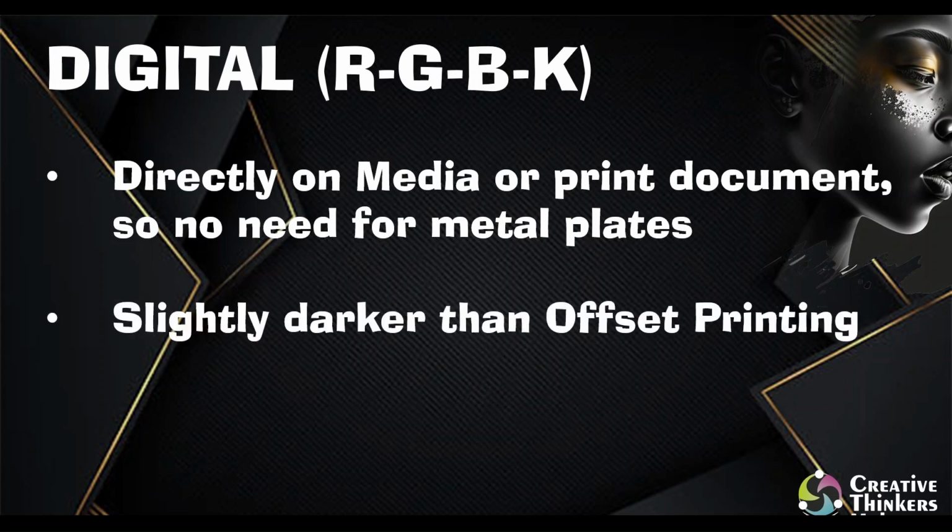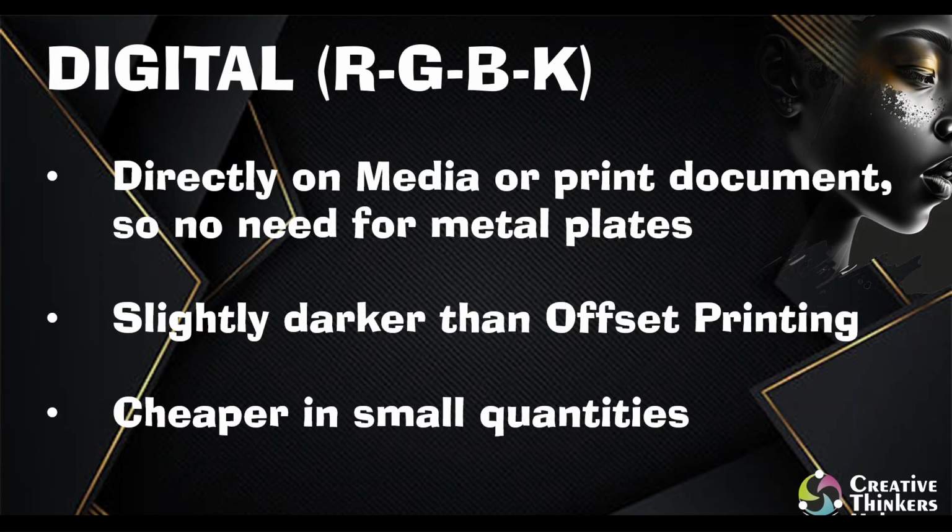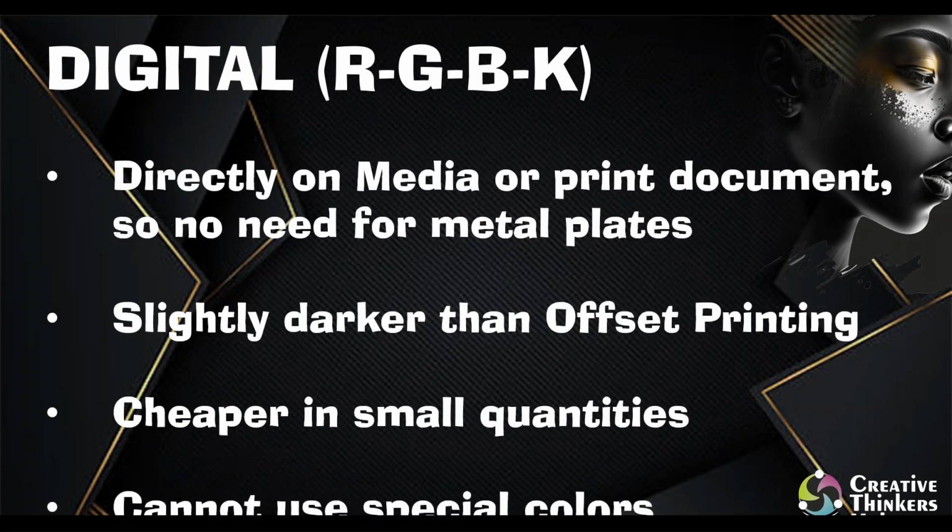Because there is no plate, all the four inks are poured directly onto the media, and therefore it ends up being darker, because all the four inks are allowed to mix with each other. It is cheaper in small quantity, but in large quantities digital printing could turn out to be expensive. And we cannot use special colors because it is a machine, and you cannot add any colors other than what slots are already there within it.